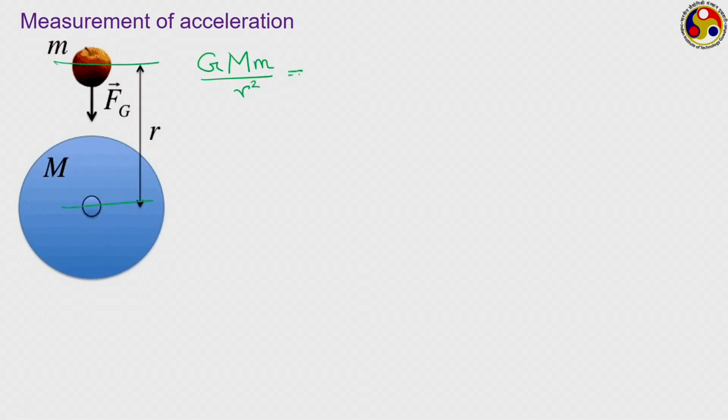Or we can also write this one as G M m by (R plus d) whole square, where capital R is the average radius of earth and d refers to the distance of that body from the surface of the earth, or I should say distance of the centroid of the body from the surface of the earth.